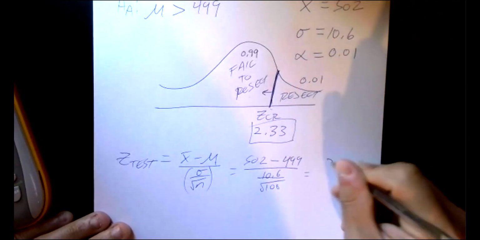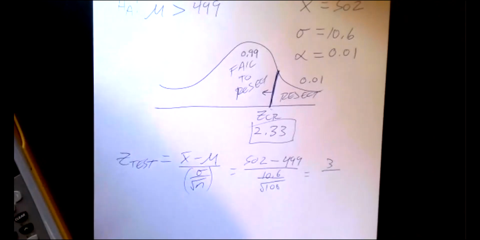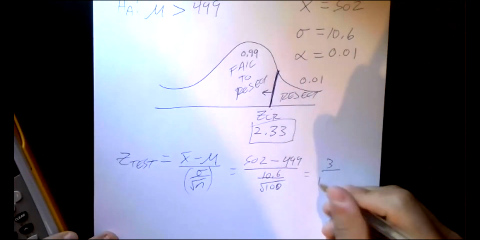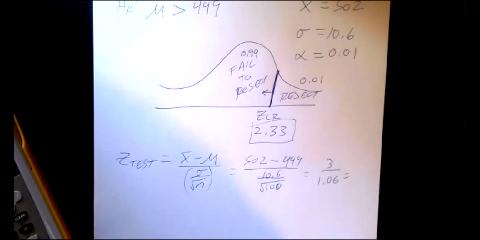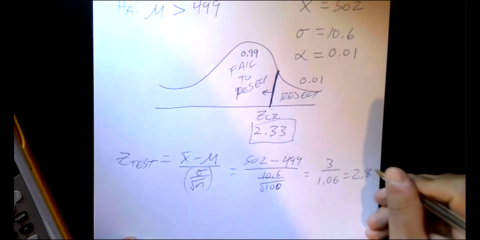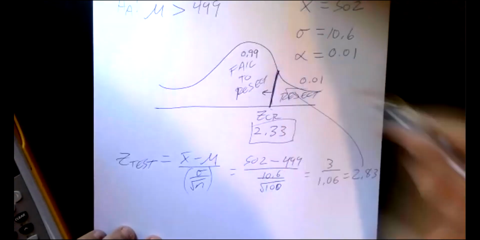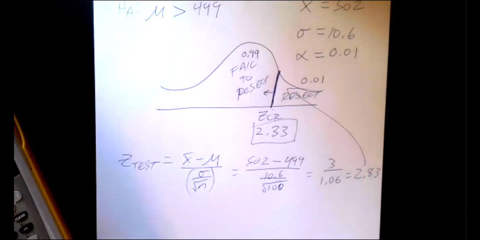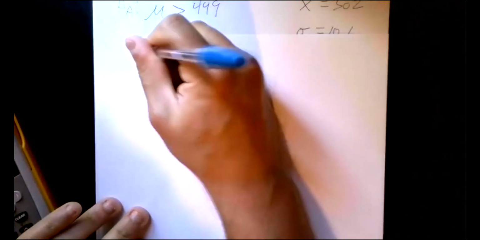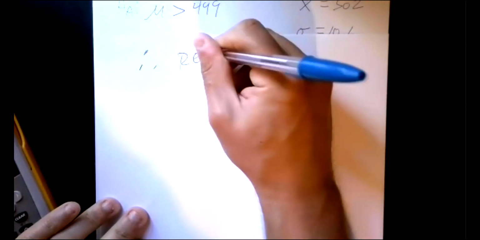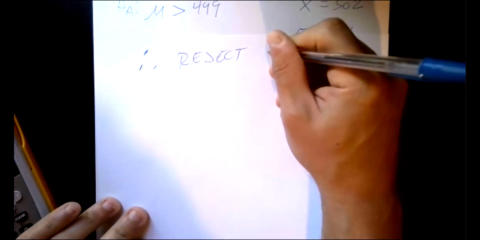Which is 3 over 1.06, which is 2.83. Now, 2.83 is greater than 2.33. Therefore, we reject the null hypothesis.